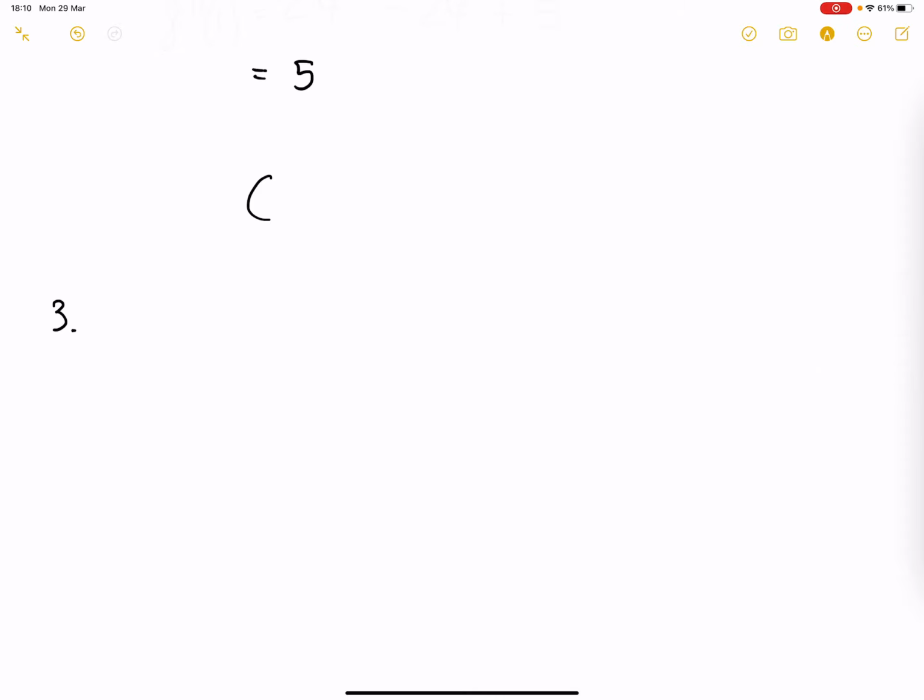So we are told that the line, I'm going to call it L1, has the equation y equals 6 minus 2x, so that's going to have a negative gradient. I'm just going to redraw that line, and it is going to pass through 0, 6.